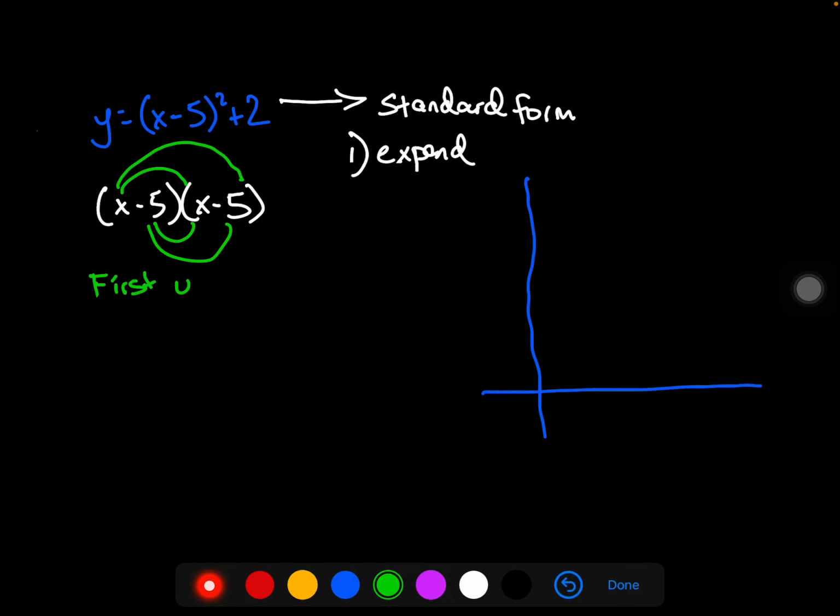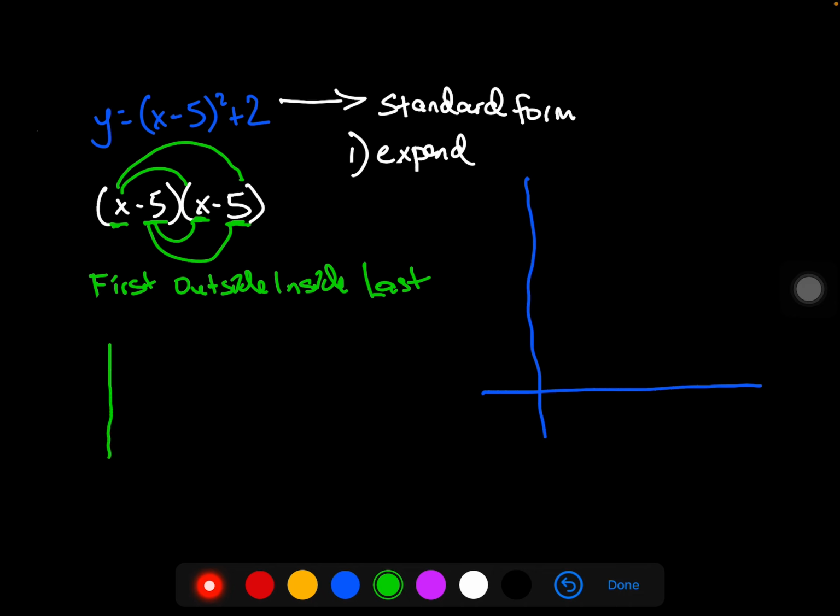Basically, this is distributive property, distribution. Each component of the first set of parentheses needs to be distributed to each component of the second set of parentheses. So the x is distributed to x, the x is distributed to negative 5, the negative 5 is distributed to x, and the negative 5 is distributed to negative 5.